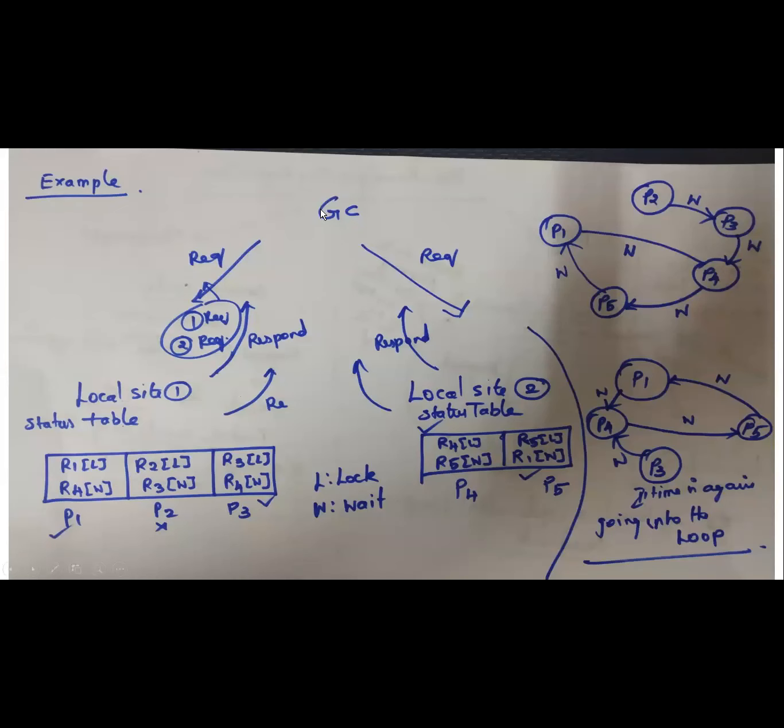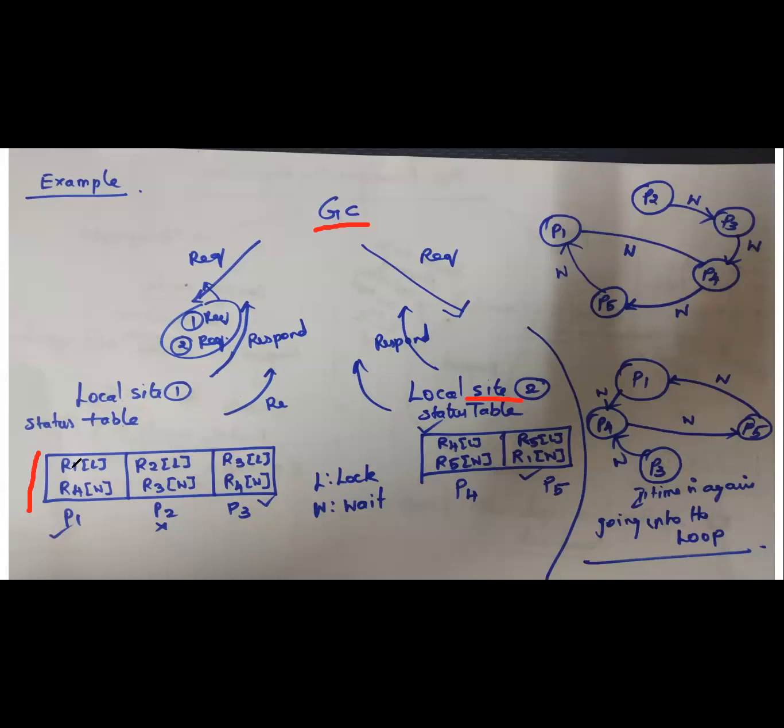Say, for example, I have a global site. Sorry, this is the global site, this is the global controller. You see the status table. In local site 1, I have P1, P2, P3, and in local site 2, I have P4 and P5.